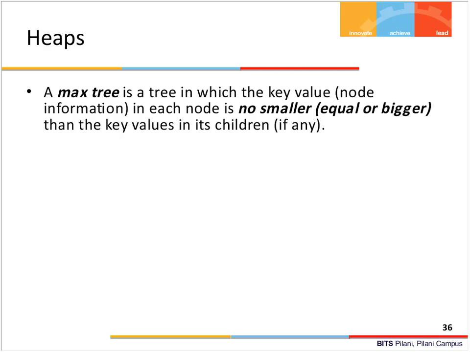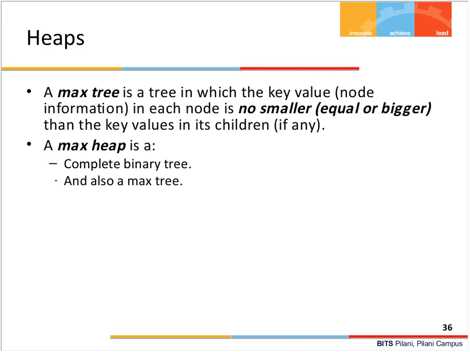So this type of tree will be called a max tree. If you have a root and there are two children of it, the key value of this root will be either equal to or bigger than its children. That's the simplest explanation I can give you.